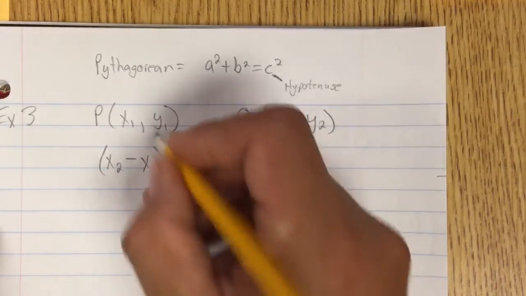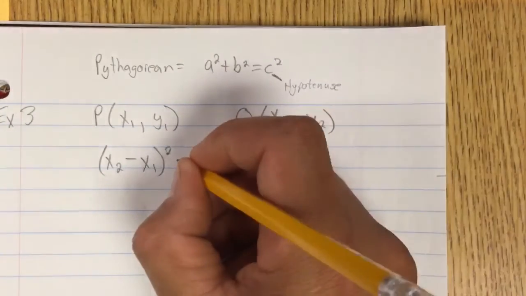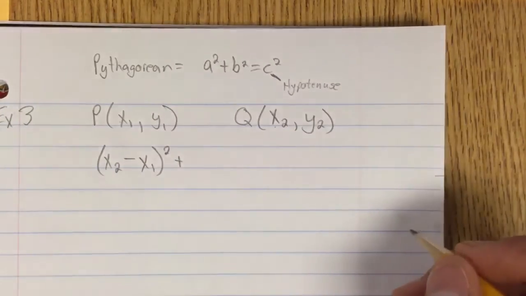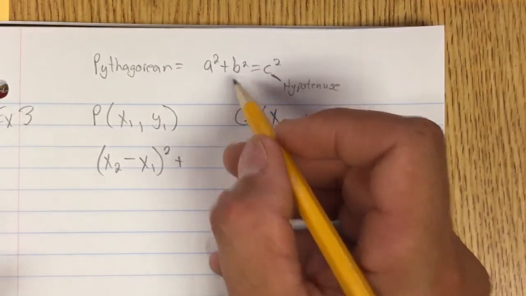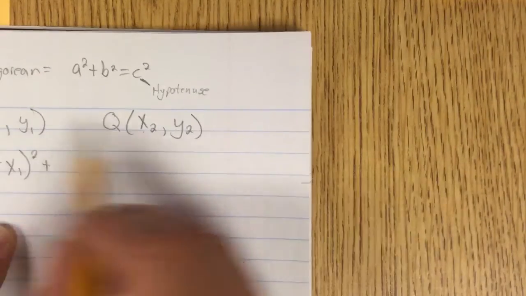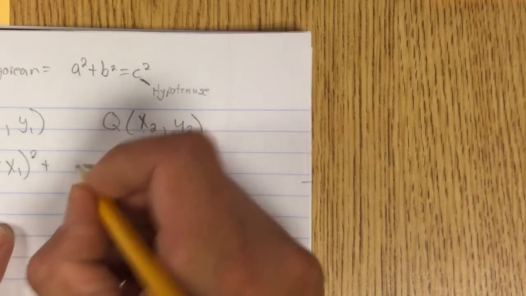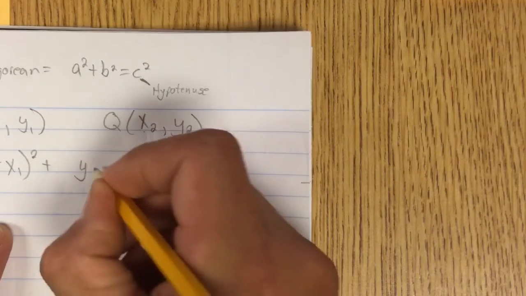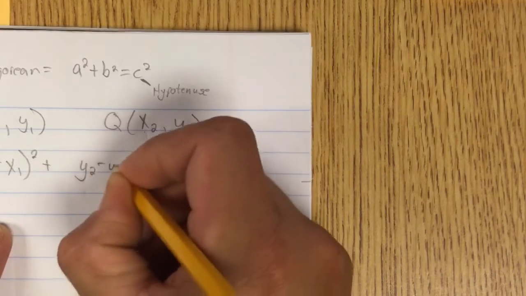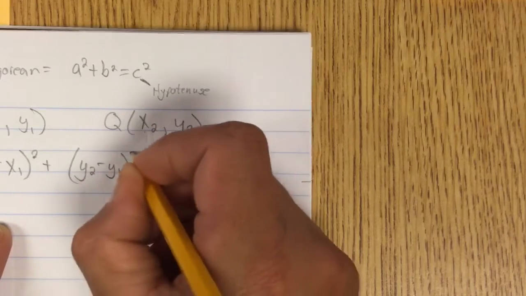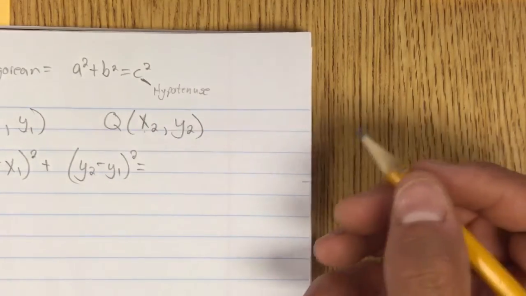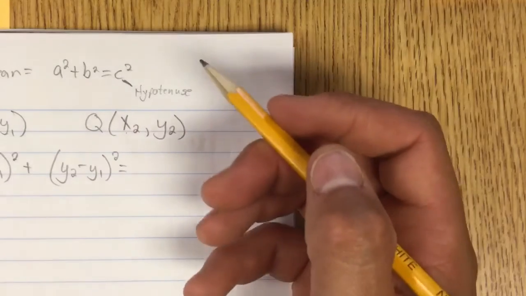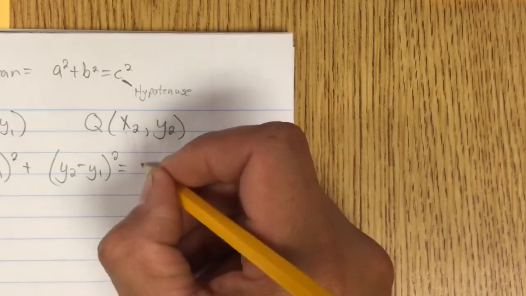So that's going to be my a, and I have to square it because that's part of the Pythagorean theorem. Then I add it to the length of my other leg, b, which is really just the difference between these two. So I would just subtract these two, and then I would square it. And it would equal c squared, which is actually the distance.